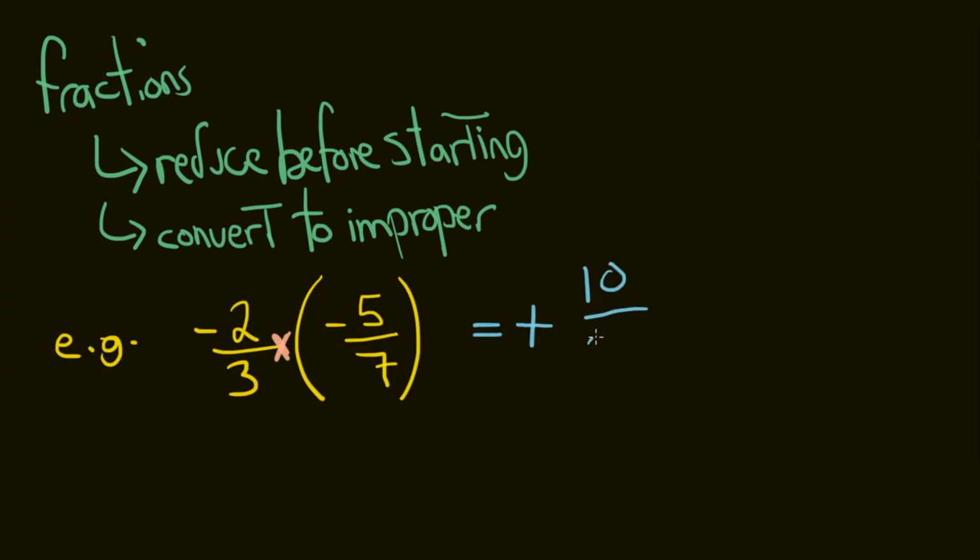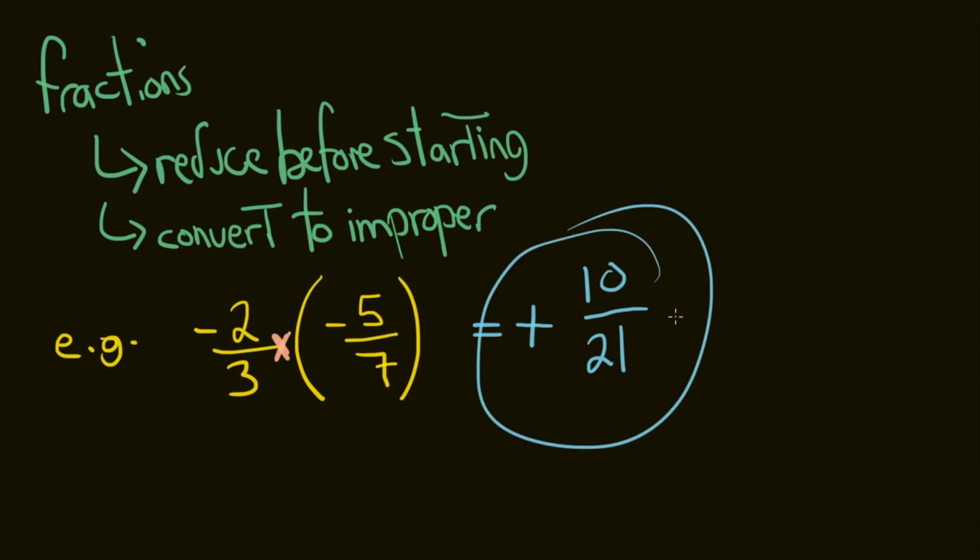And 3 times 7, that would give me 21. There's my answer. Can you reduce it? Nope. And boom, there you go. Easy peasy lemon squeezy. So I think it's like a kid saying that one, isn't it? A little bit.